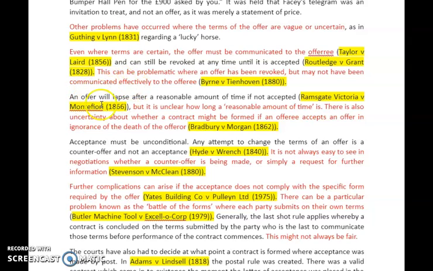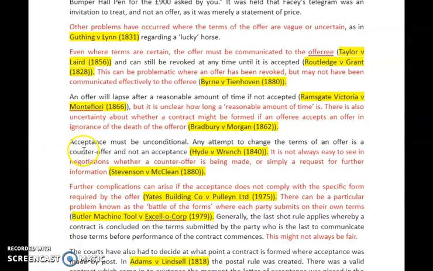We've also got the issue of lapse of an offer from Ramsgate Victoria Hotel. And again, typical in law, it's unclear what a reasonable amount of time is. And there's uncertainty about whether a contract might be formed if the offeree accepts an offer in ignorance, i.e. they don't know that the person who offered has since died, Bradbury and Morgan.